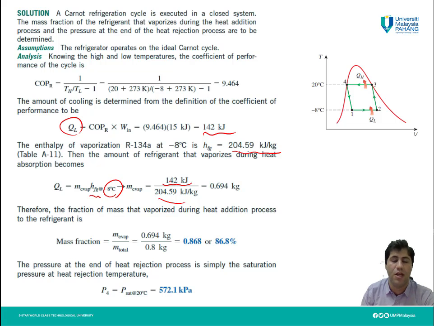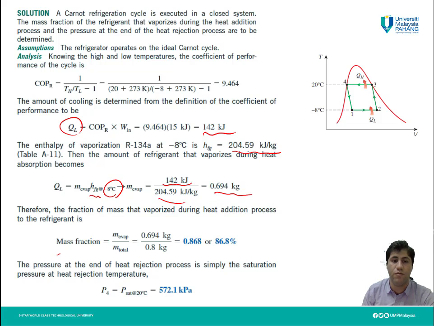QL is 142 kilojoule, and the required energy for each kilogram evaporation is 204.59 kilojoule per kilogram. If we solve this division, this QL is enough to evaporate just 0.694 kilogram of the refrigerant. This is the answer for how much of the mass is evaporated.